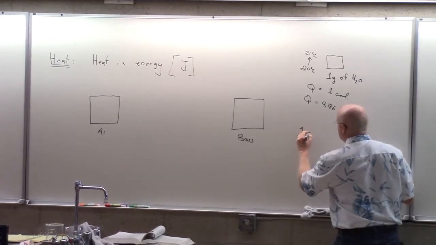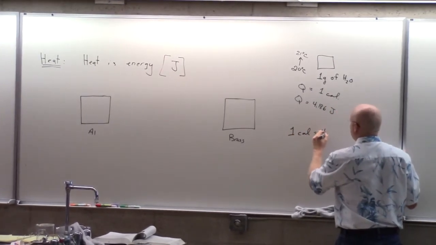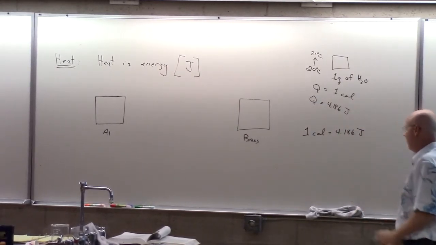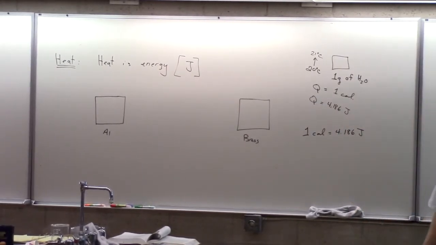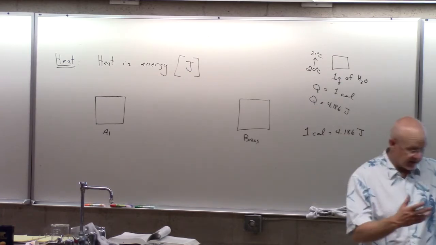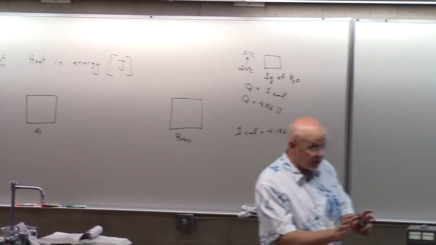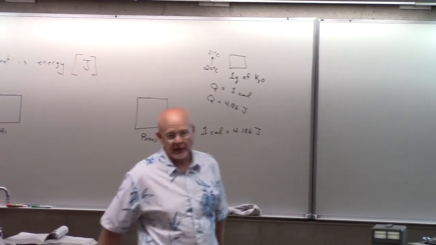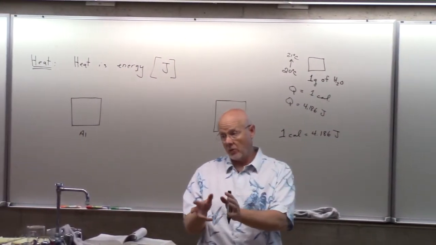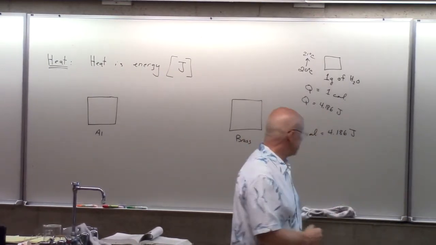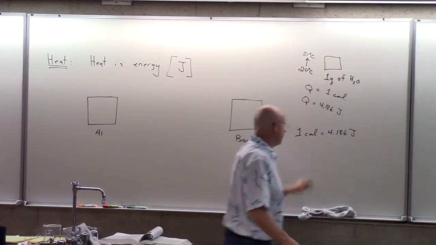So 1 calorie is 4.186 joules of energy. Keep that in mind because we will come across problems that sometimes give us energy in calories, and you'll need to ask, wait, how many joules is that? This is the conversion factor.